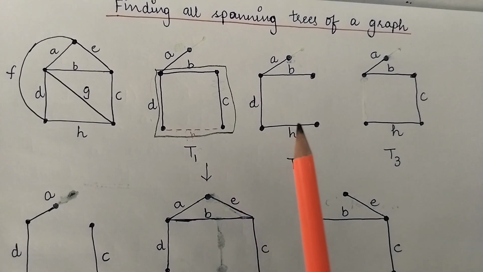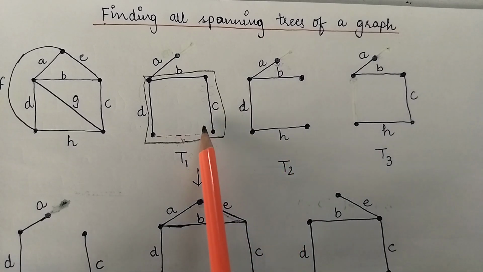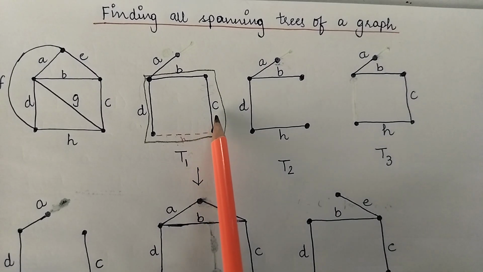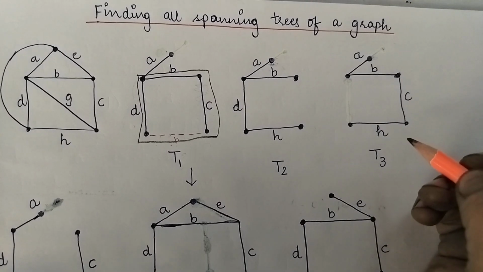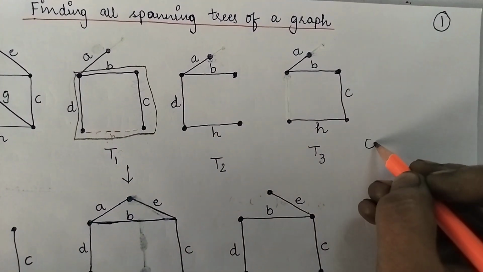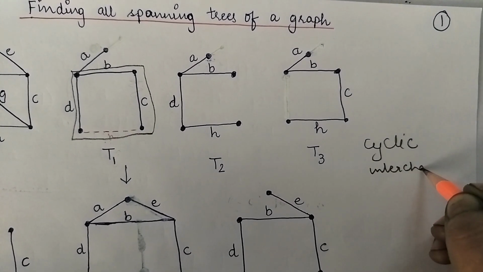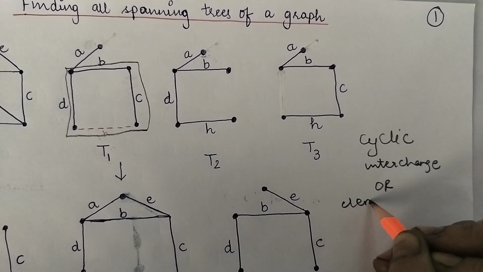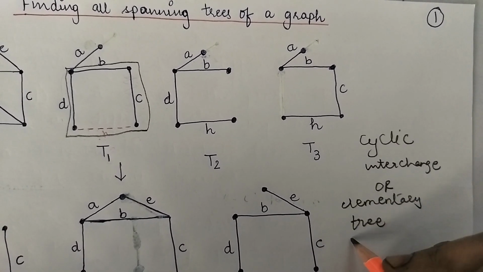So this generation of finding one spanning tree from another spanning tree by the addition of a chord and then deletion of an appropriate branch is also known as cyclic interchange or elementary tree transformation.